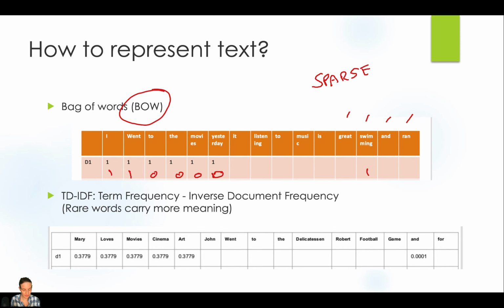A related but slightly improved representation of text is TF-IDF, term frequency inverse document frequency. This one focuses on the fact that rare words carry more meaning. So for instance, words like "and" are going to have a very low value and others are going to be higher.